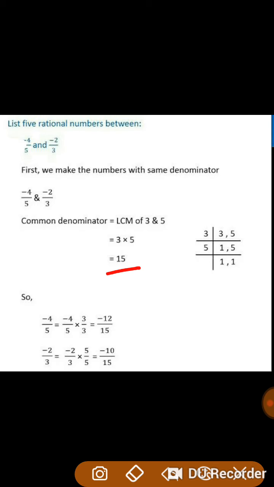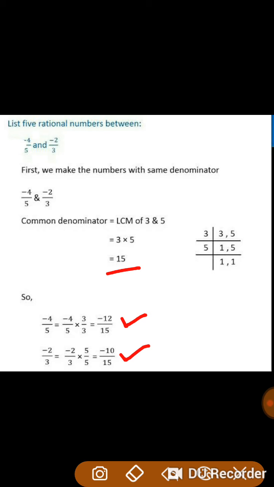The first rational number minus 4 by 5 needs to be multiplied by 3 by 3 to make it minus 12 by 15. The second rational number minus 2 by 3 needs to be multiplied by 5 by 5 to make it minus 10 by 15.